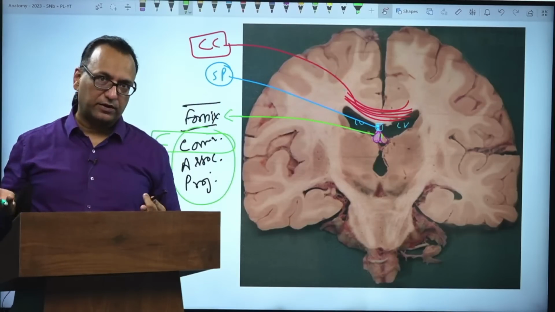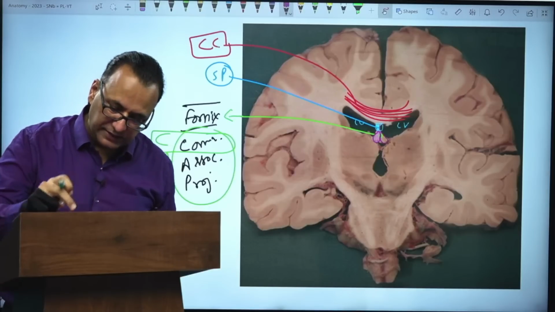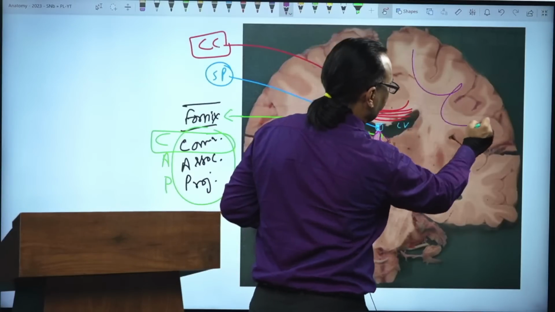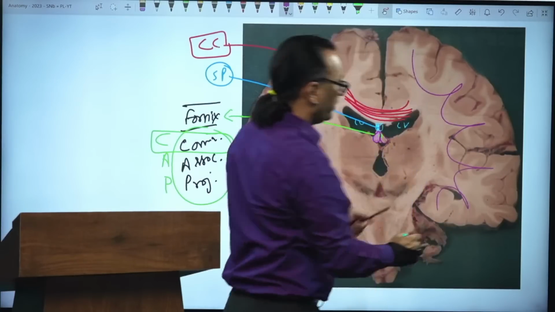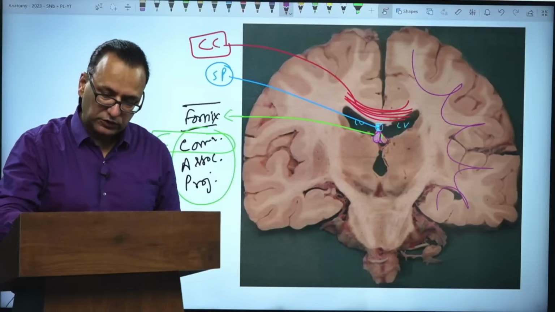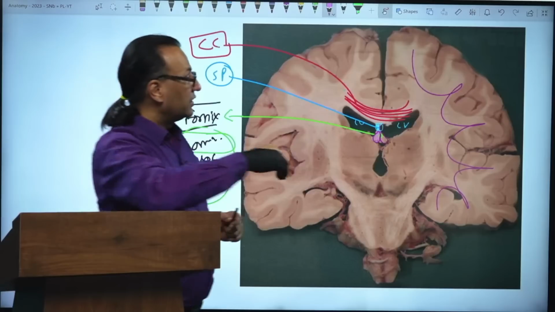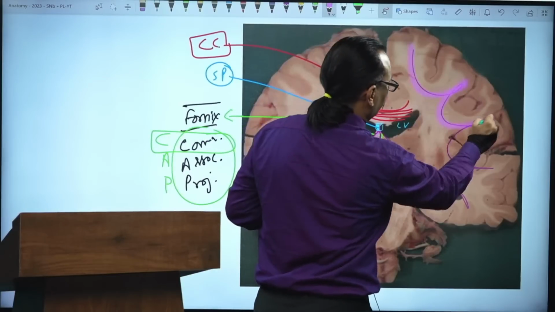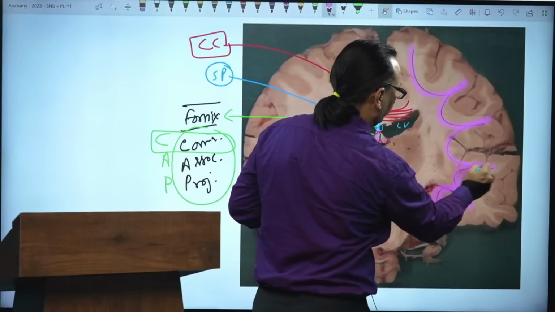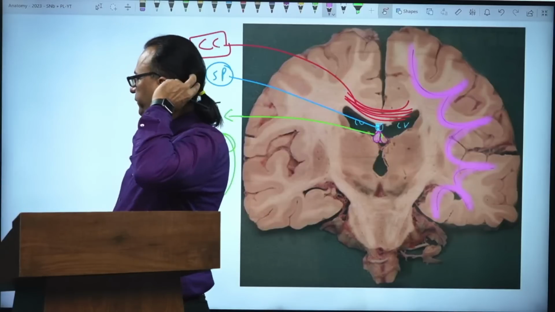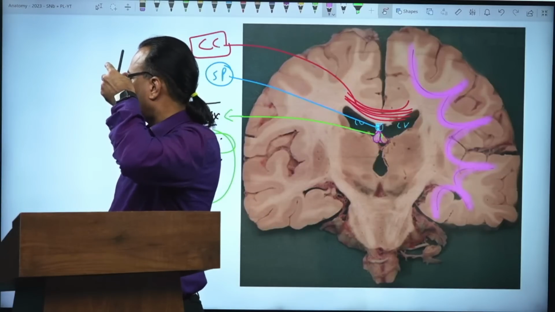What is an association fiber? Let me show. Association fibers do not cross the midline; they keep connecting one part of the brain with another on the same side. For example, the arcuate fasciculus connects Wernicke's area with Broca's area on the left side.